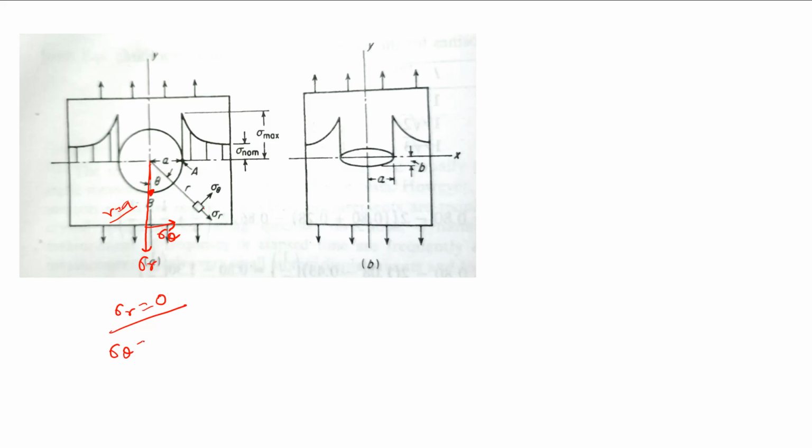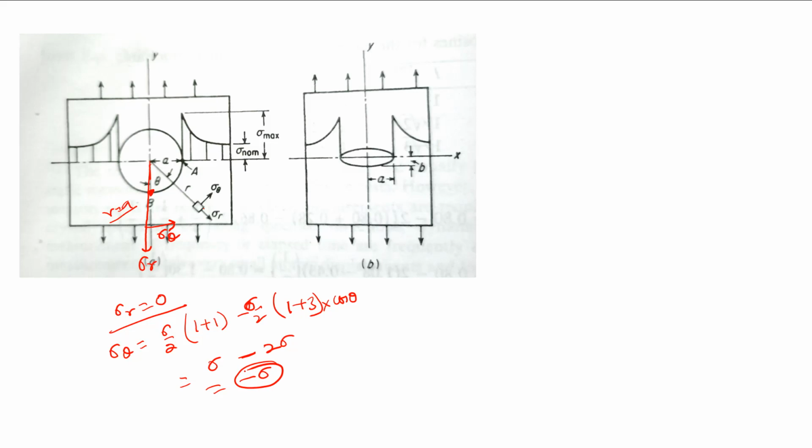For sigma theta, it is fine. Sigma theta will be equal to sigma by 2 times (1 plus 1), minus sigma by 2 times (1 plus 3) times cos 0. Cos 0 is nothing but 1, so it becomes sigma minus 2 sigma. So this becomes minus sigma.